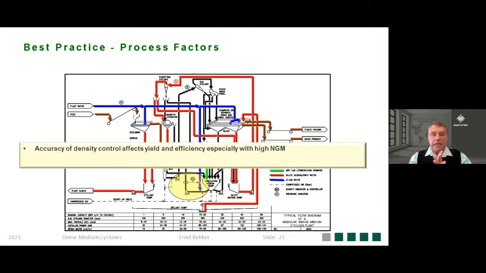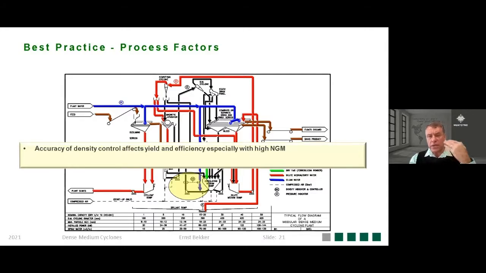Then accurate density control, because that will affect the yield, of course, and the efficiency, especially if you've got high near-gravity material. But how often do people check the accuracy of the density control? Sometimes the density scale that you use to calibrate the densitometer, is that scale correct?